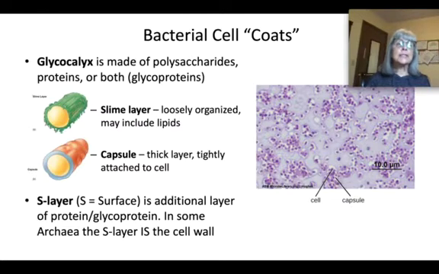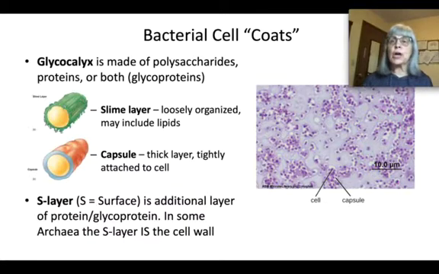Now, a second type of glycocalyx is your capsule. Not all bacteria have a capsule, but if they do, this is a very thick layer. It's attached tightly to the bacterial cell.